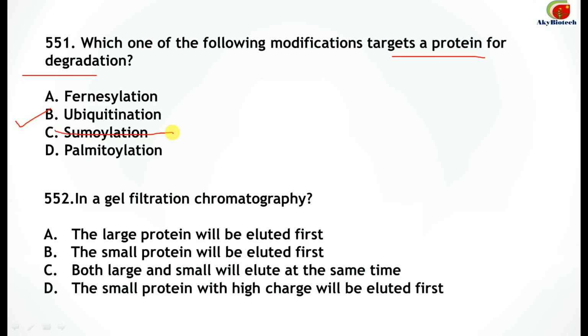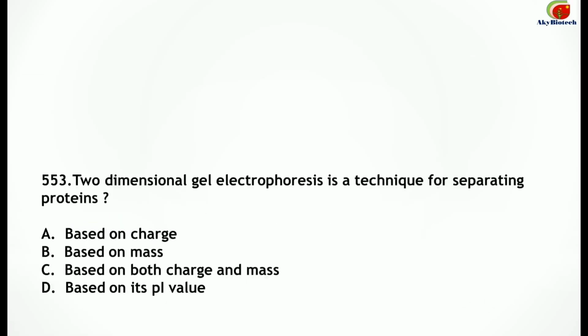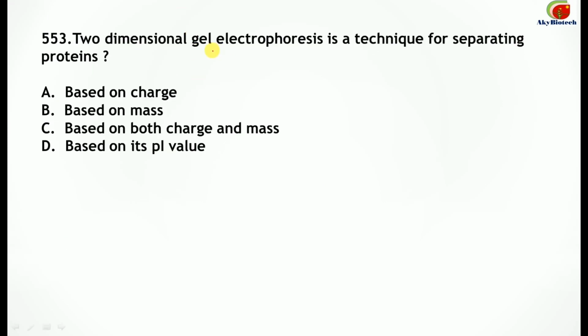In this case, we know that the larger proteins will be eluted first. Next question is number 553, two-dimensional gel electrophoresis. This is a technique for separating proteins. The basis on which the proteins are separated by this technique is the charge and the mass.